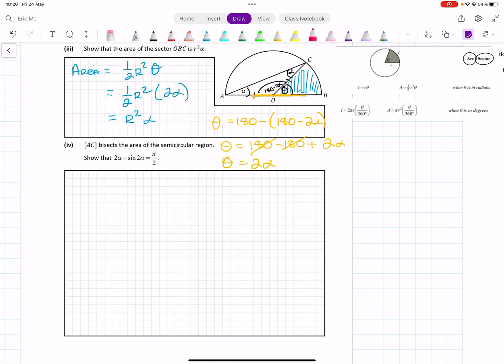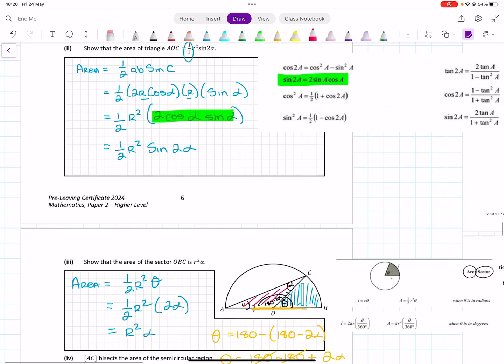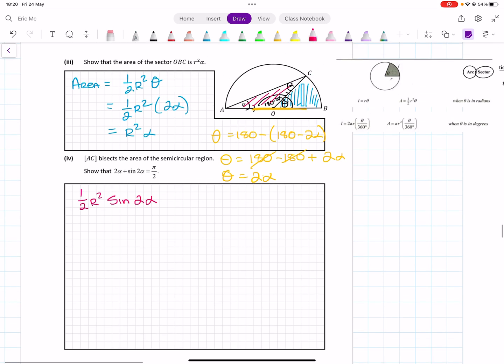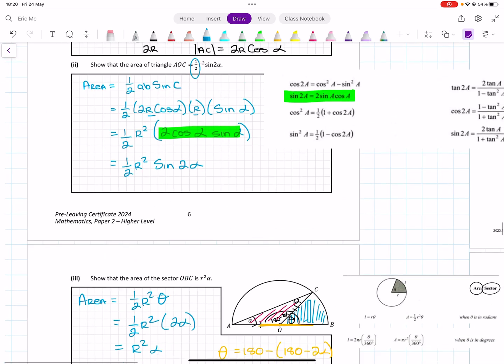So this triangle here plus the blue shaded sector: the area of the triangle is a half r squared sine 2 alpha, and then the blue bit is r squared alpha. And if I add them together, they're equal to half of the semicircle.